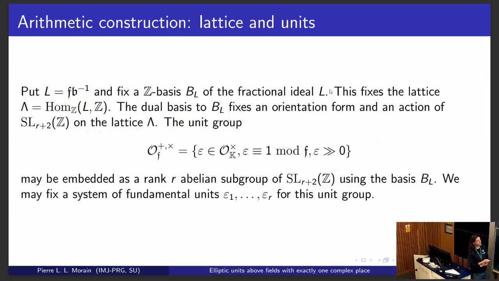And this unit group has rank R, and is embedded inside SLR plus 2Z as an abelian subgroup once you have fixed your basis. So what we're going to do is fix a set of fundamental units for this unit group, and we're going to compute from there.